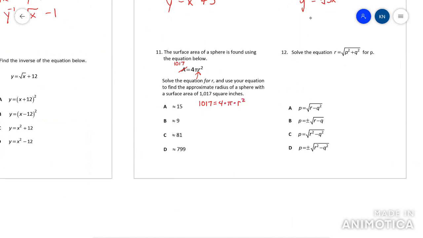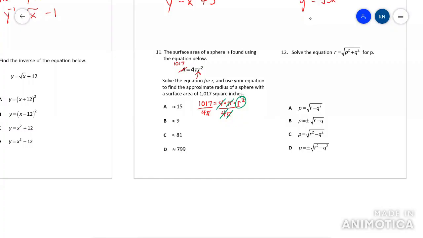So let's start out by dividing by this 4 pi. Because when you do this, these will all cancel, and then we'll just be left with this r squared, which we can root to get the answer. So let me punch this in the calculator.